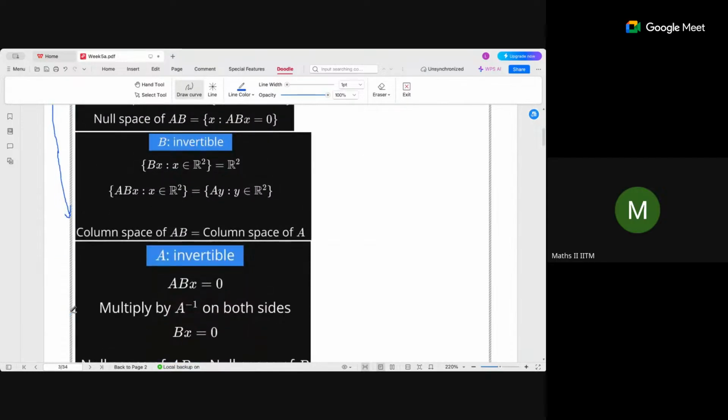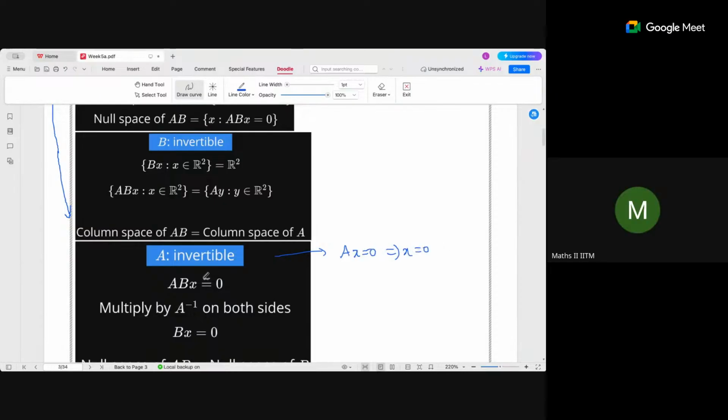Okay, now if A is invertible, what do you know about the solutions of Ax equal to 0 if A is invertible? Only 0. Yeah, only 0. So x should be 0.